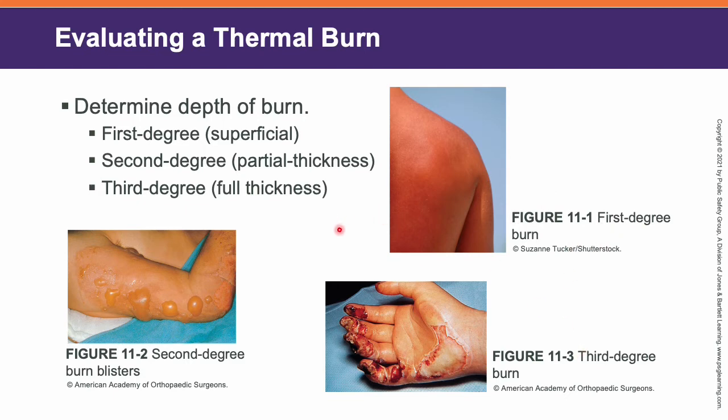Okay, that means it's only penetrating that very top layer of skin. A second degree burn penetrates multiple layers of skin, but not all layers of skin. Okay. Second degree burns often have blisters. So a sunburn can also be a second degree burn if it gets deep enough, if it's severe enough. And then a third degree burn penetrates all the layers of skin and can even penetrate into underlying tissues.